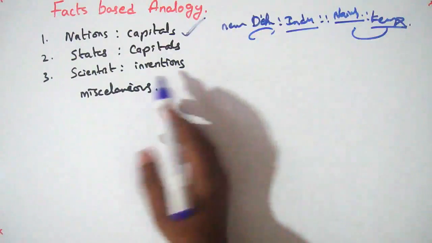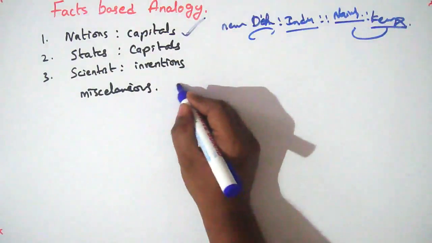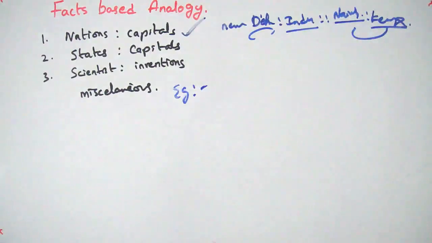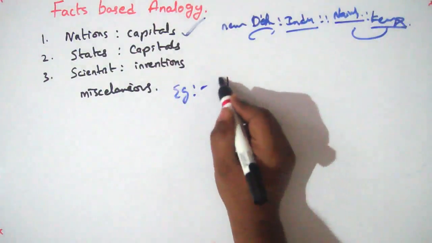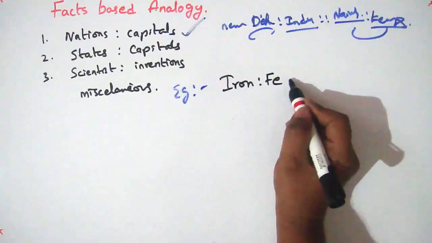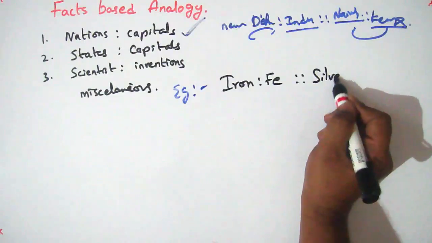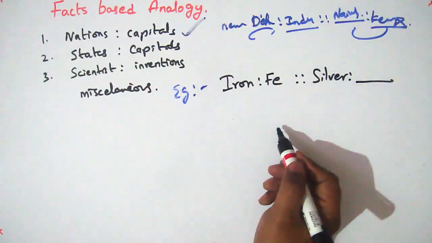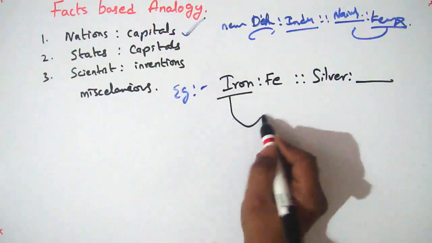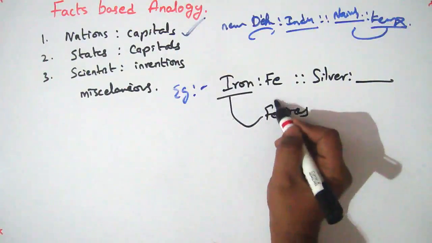States and their capitals, scientists and their inventions, and miscellaneous topics, anything. If, for example, I take iron. If iron is to Fe, then silver is to dash. See, friends, iron is called ferrum and its symbol is Fe.